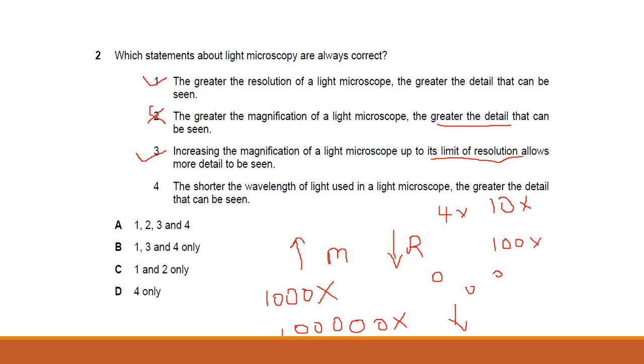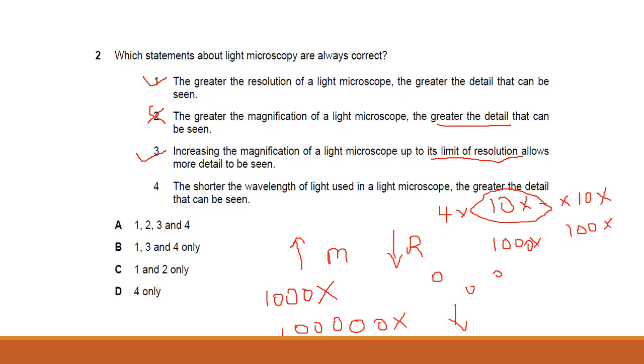So there's a chance that with the 10 times objective lens plus the 10 times eyepiece, you're going to see quite a bit, because you make it 100 times bigger. In this case, when you add that 10 and it's 1000 times, the resolution might be poorer.